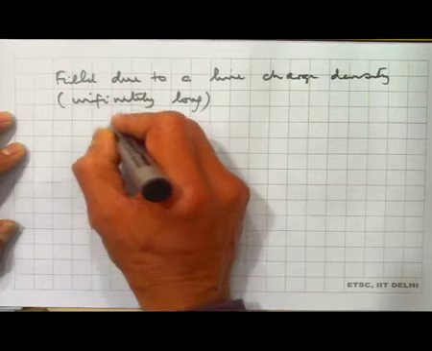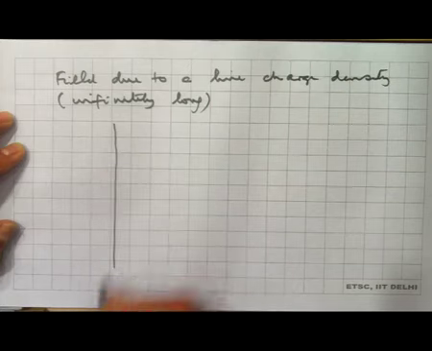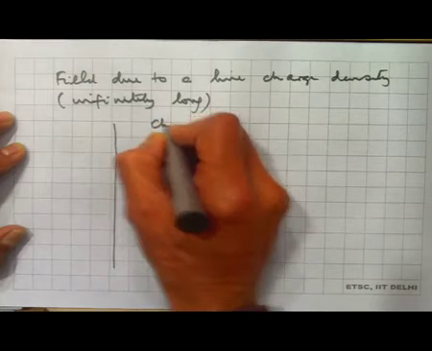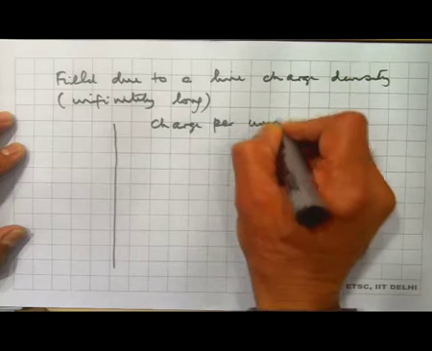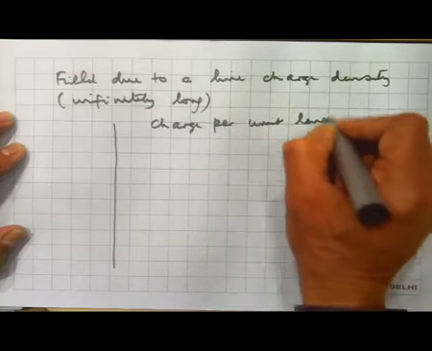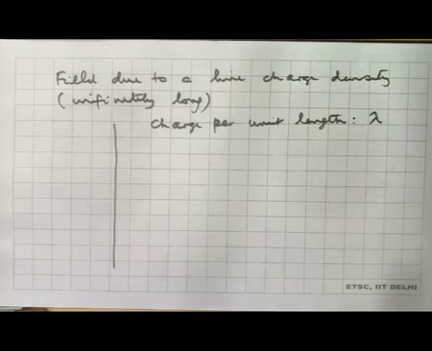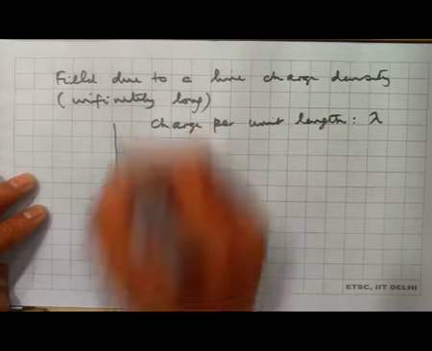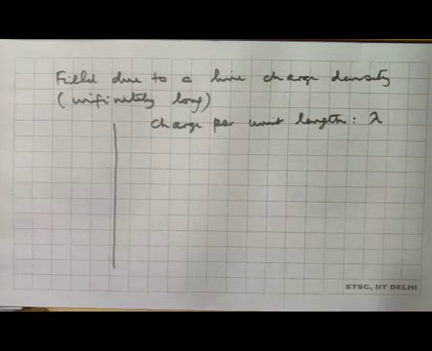I have a straight line which carries a charge per unit length lambda. So lambda is the charge per unit length of this line charge distribution, and my objective is to calculate the electric field produced by this line charge.